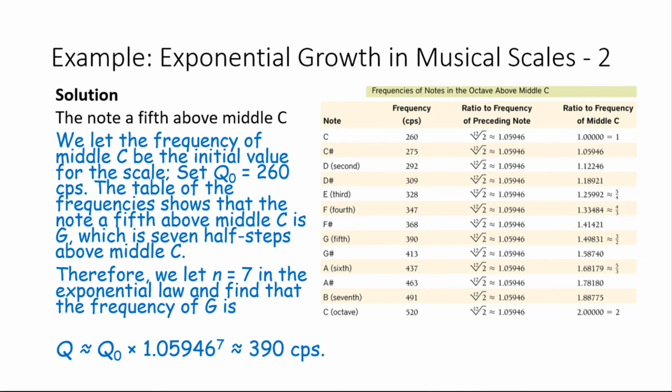Compute this by using 260 for Q naught. So 260 times 1.05946 to the power of 7 is approximately 390 CPS.